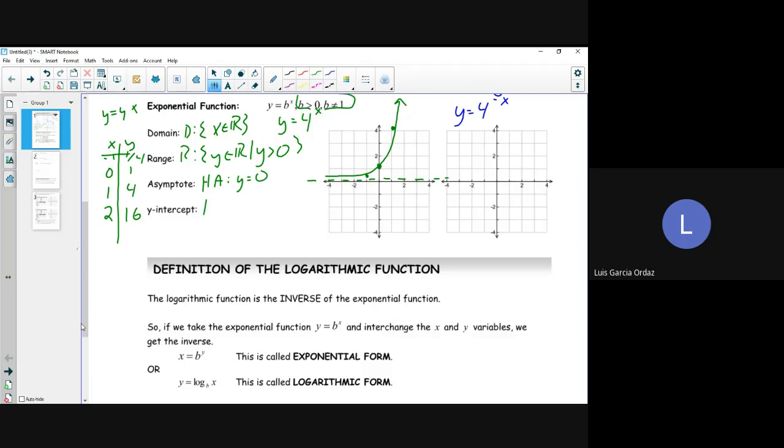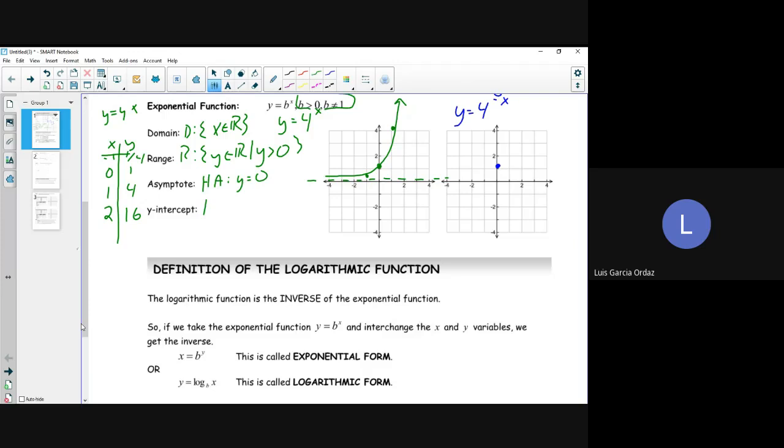Not in the x-axis, but it's reflected in the y-axis. So remember, the reflection in the x-axis is if the negative is before the base of the exponent. So if it was a reflection in the x-axis, we would have y is equal to negative 4 to the x. But because the negative happens to be in front of the x, it is a reflection in the y-axis. So our y-intercept still remains the same.